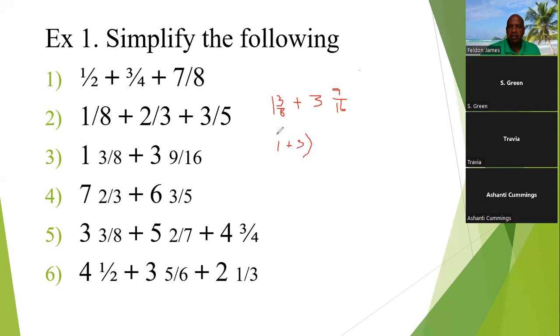So we're going to call those the whole numbers. Then now we need to add the fractional part. So this fractional part is 3 over 8. And this fractional part would be 9 over 16.